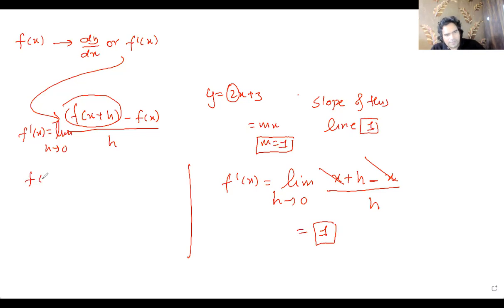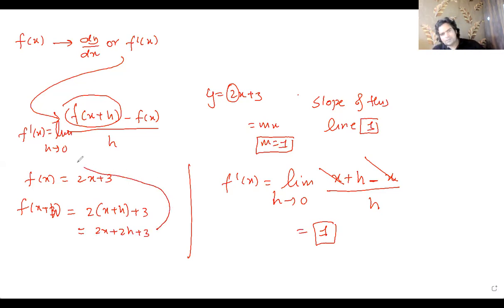If my f of x is 2x plus 3, then wherever you have x, you replace x with x plus h. So 2 times x plus h plus 3 becomes 2x plus 2h plus 3. Now I'm just going to plug this value here.